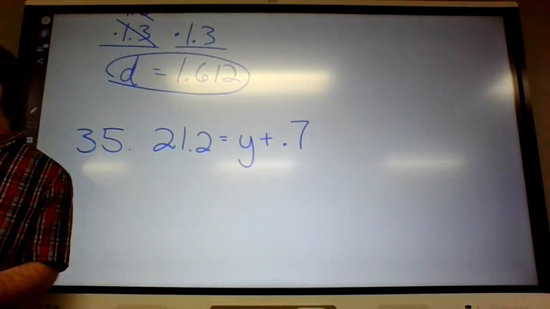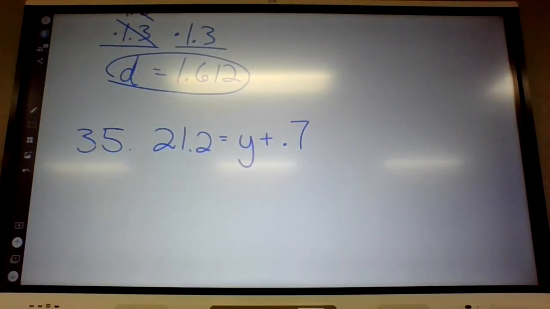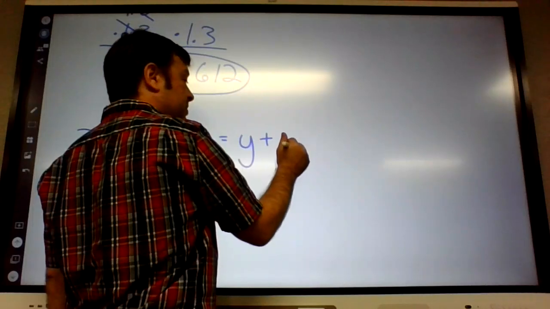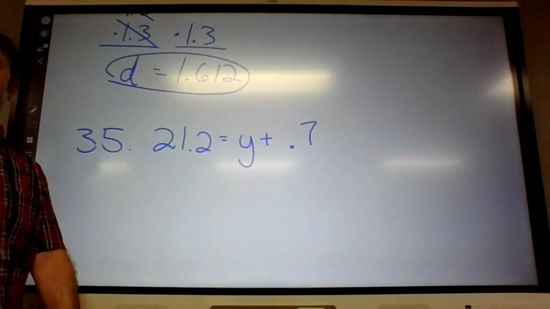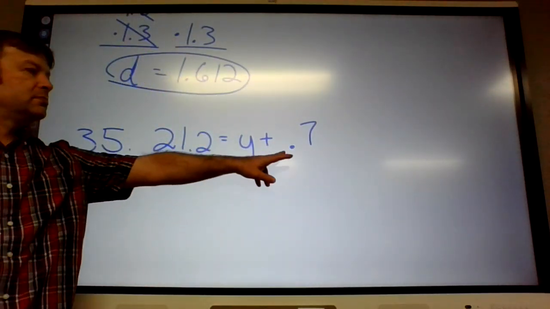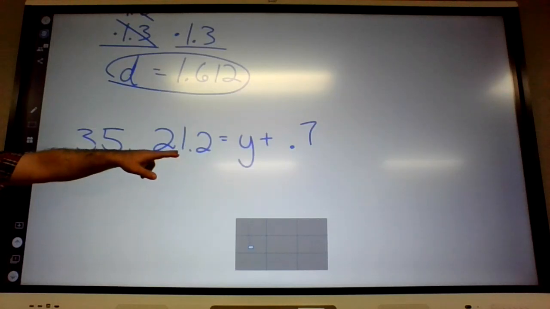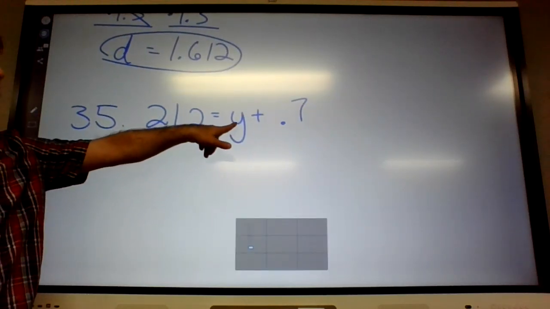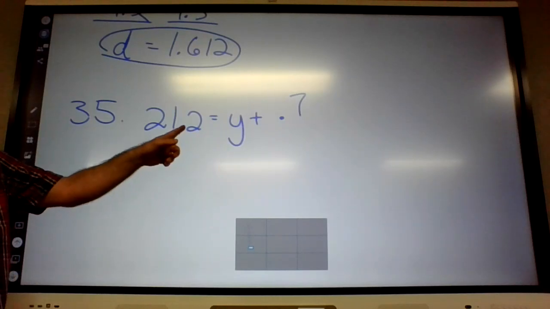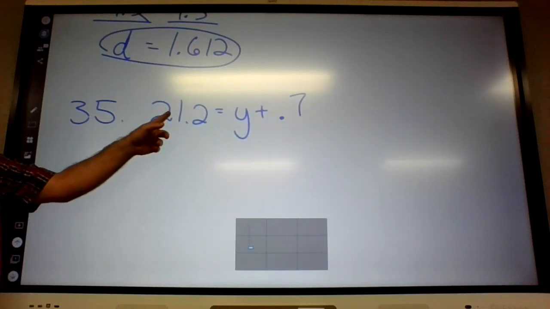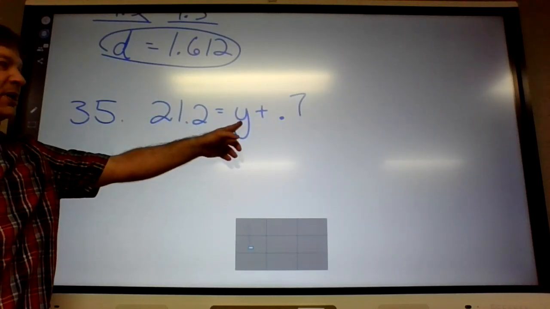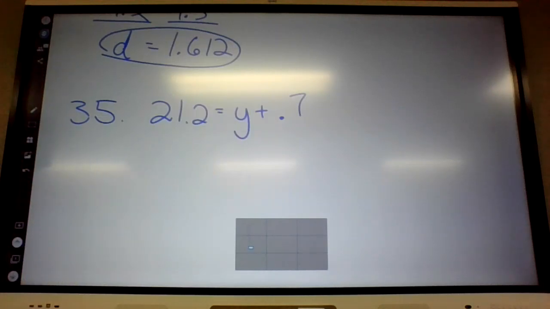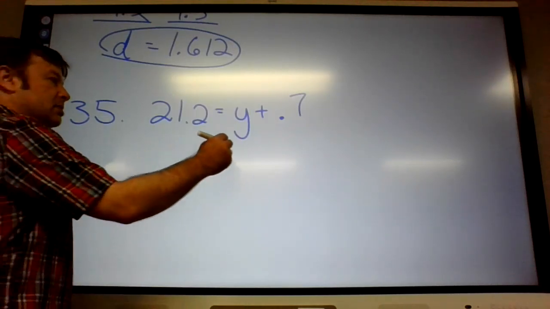All right, what's different about this problem? They put 0.7. A lot of times I just skip the 0. But what is different about this problem? Right, usually we have the variable on the left side. A lot of times it doesn't though. So now we're trying to get the y by itself on the right. So Anaya, what's our step here? You subtract 0.7.